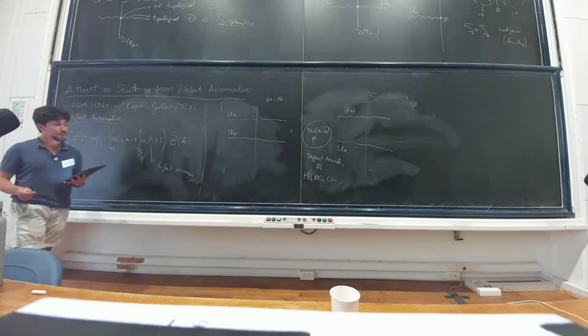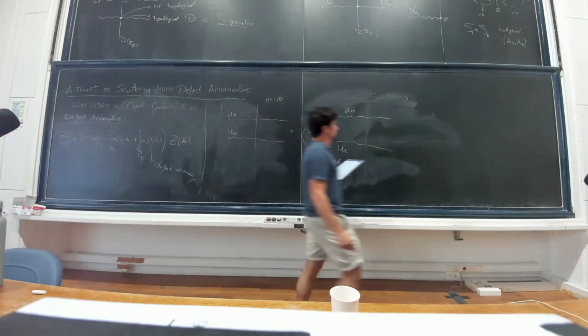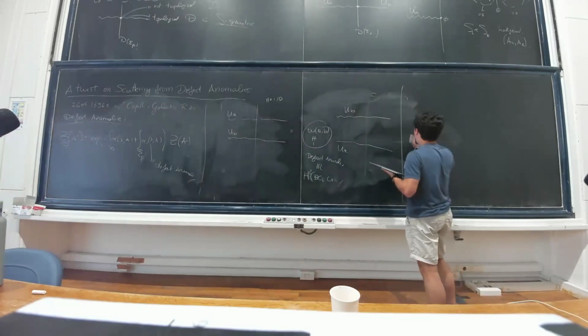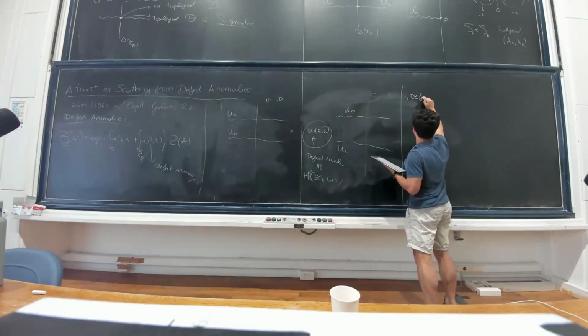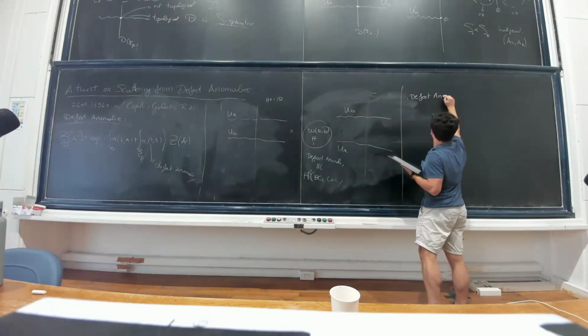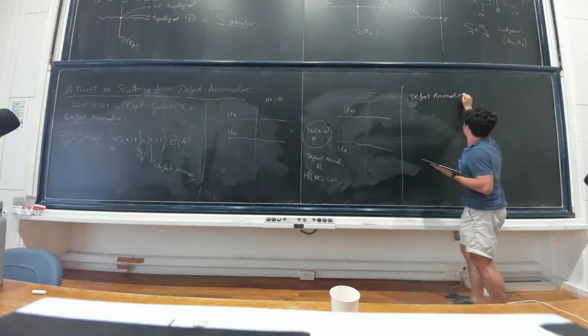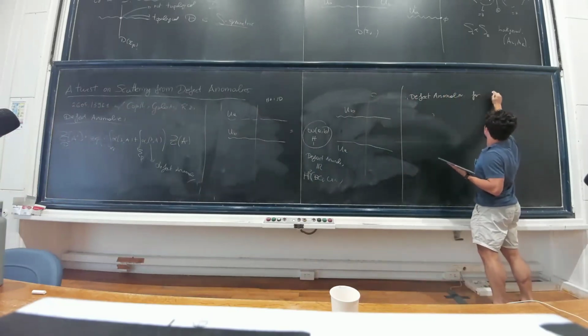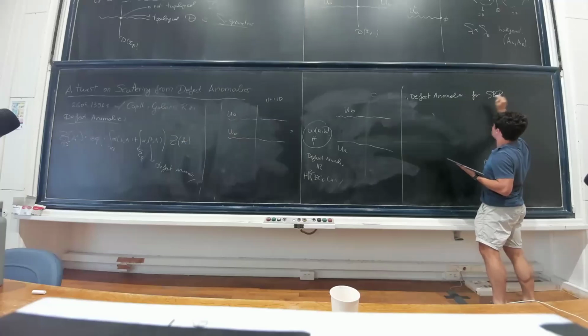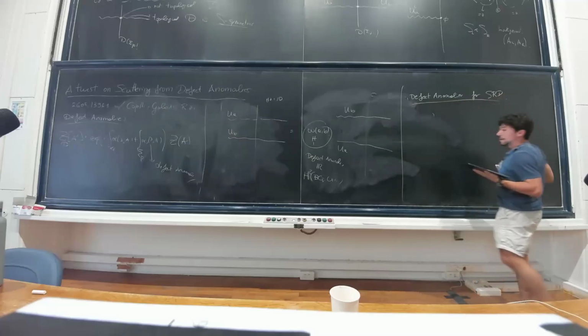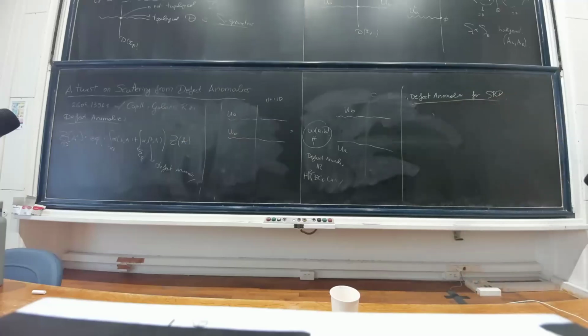What is more interesting, however, is what happens for defect anomalies for a symmetry reflecting defect. As I told you before, effectively, a symmetry reflecting defect has two symmetries.